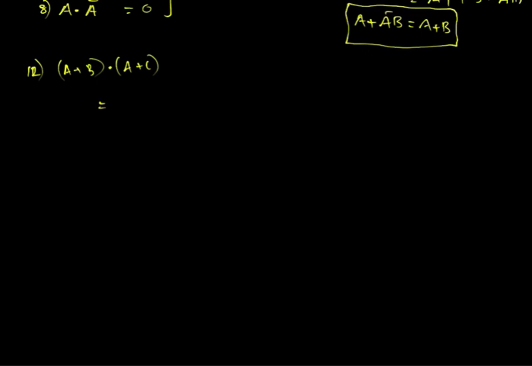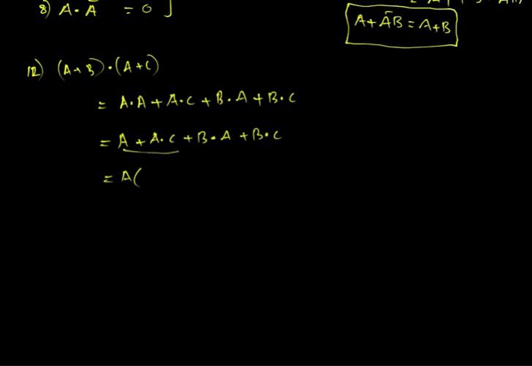You can distribute it first, so a is ANDed with a, or a is ANDed with c, plus b is ANDed with a, or b is ANDed with c. Now this is equal to a ANDed with a gives a, plus ac plus ba plus bc.